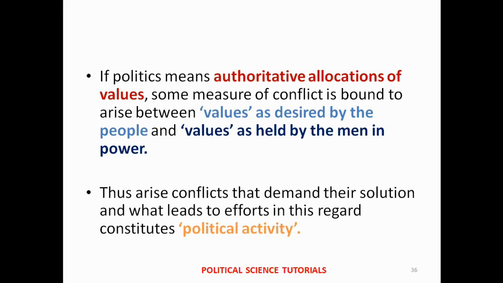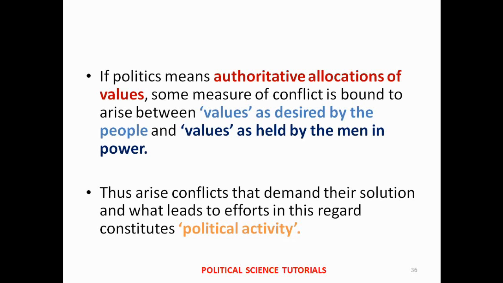As already mentioned, politics means authoritative allocation of values. So it is obvious that there will be a conflict between the members who desire values and the members who are in authority to allocate these values. To solve these conflicts, there need to be some activities. These activities are called political activities.